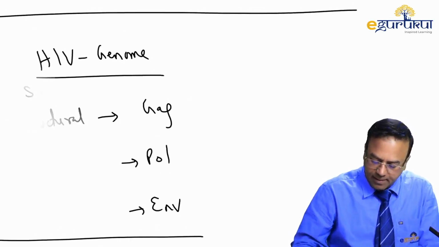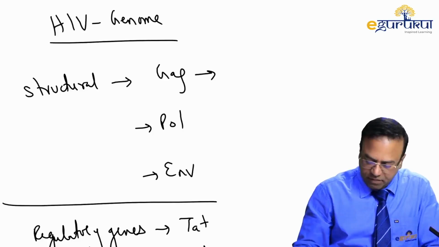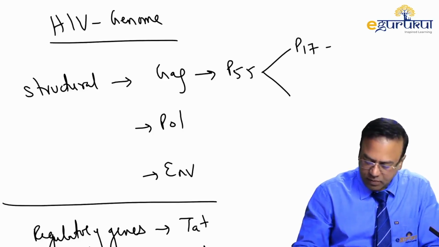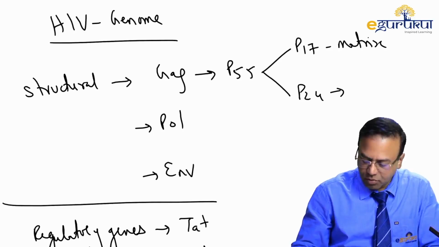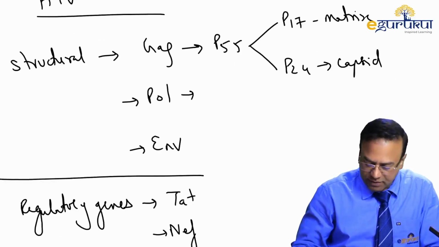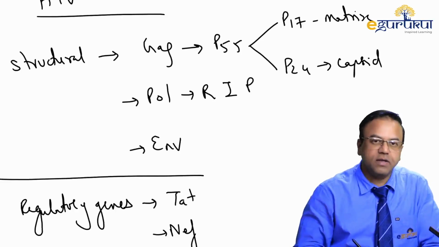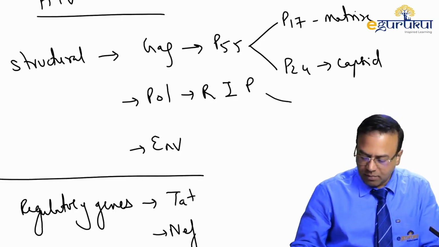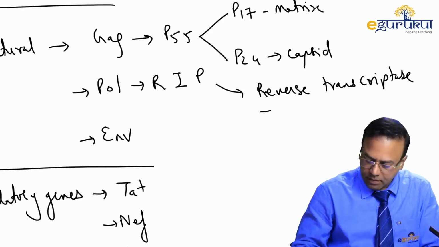If you look at the GAG, this codes for something called the P55, which gives rise to the P17, which we discussed earlier as the matrix protein, and the P24, which is the capsid or the core. The POL is basically the pool that contains the enzymes: the reverse transcriptase, the integrase, and the protease.